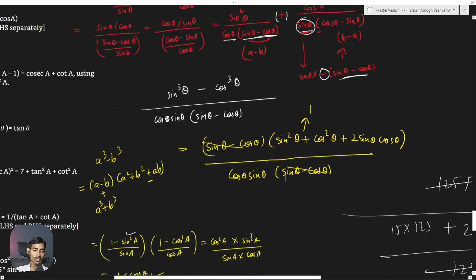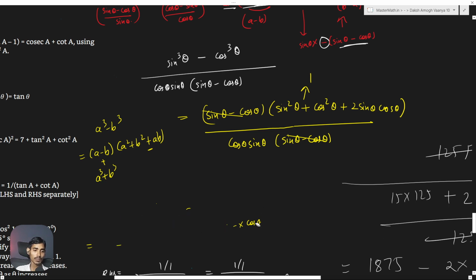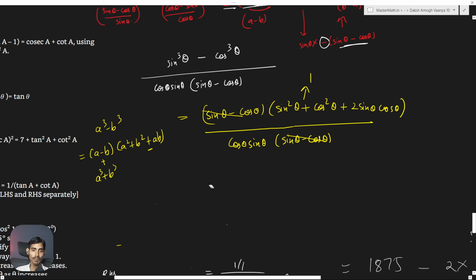So what are we left with? 1 plus two sine theta cos theta. Oh, this was not 2. I'm sorry.